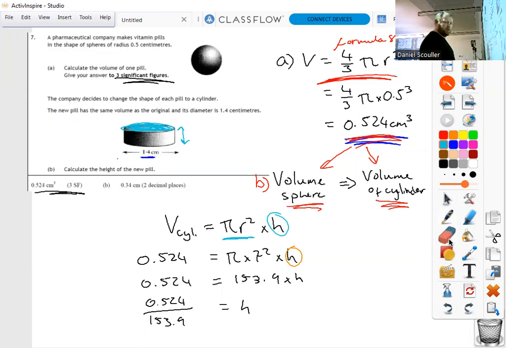A 14 centimeter pill would be quite large actually, so that actually makes sense, doesn't it? So that would be different. Instead of 7, it would be 1.4 divided by 2, which is 0.7 squared, times pi, 1.53 or 1.54.